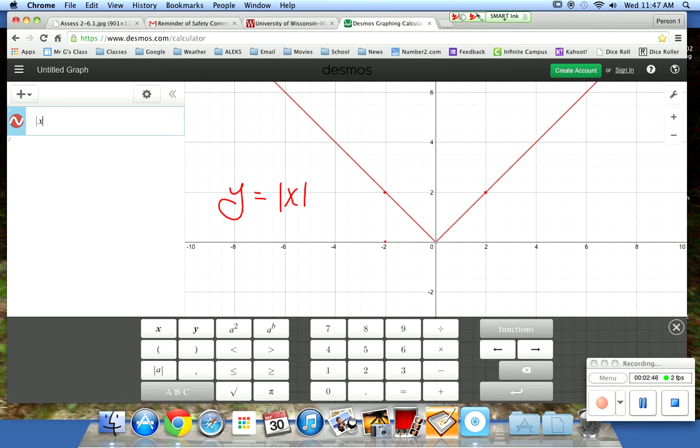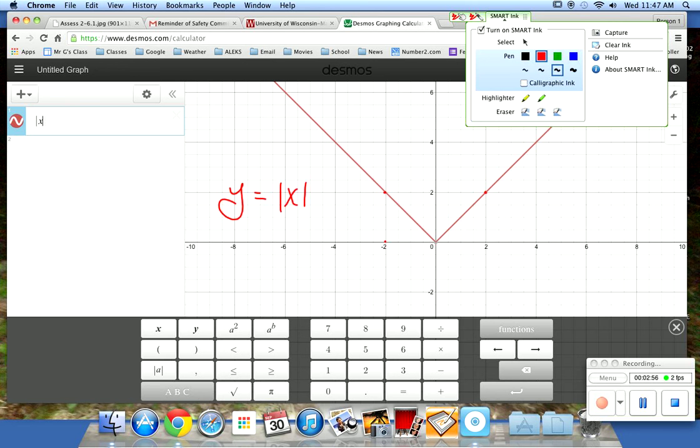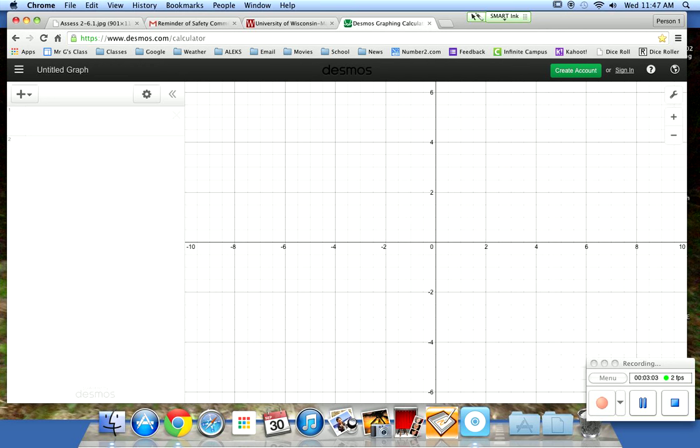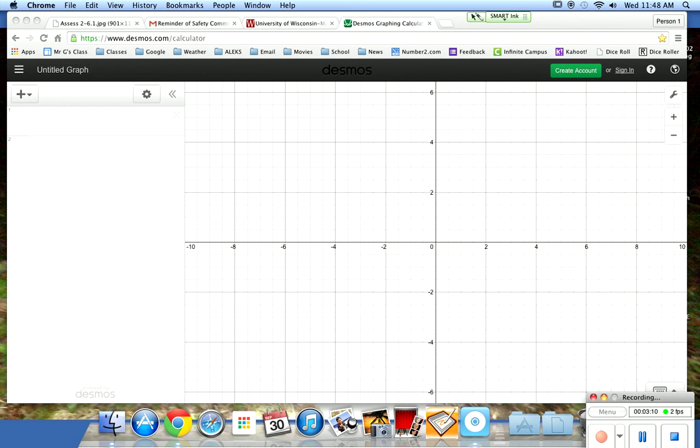Do you know what function makes a parabola? Makes it look like this? Yeah, I know.